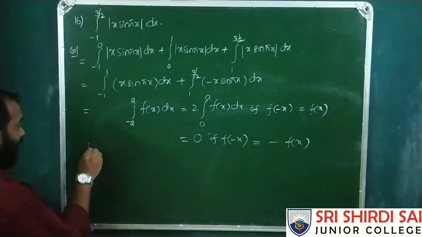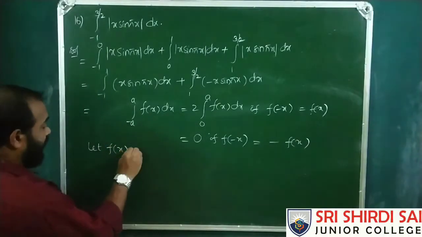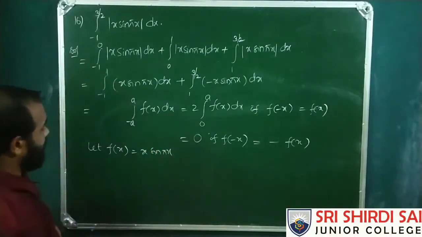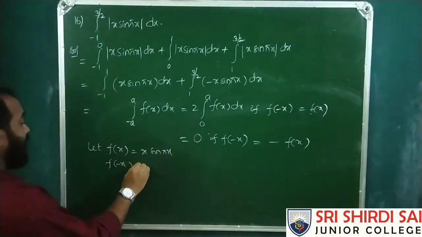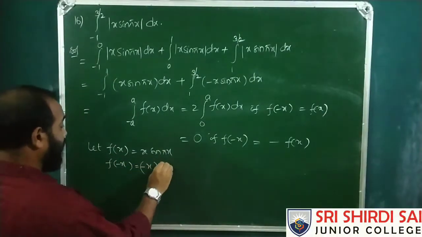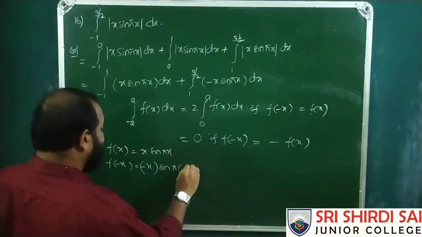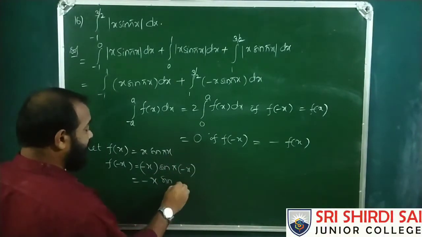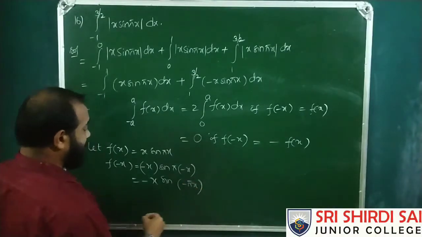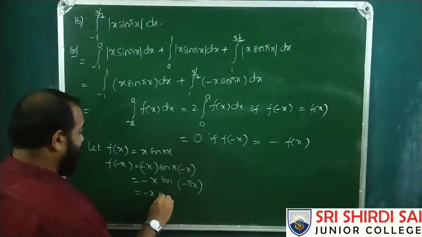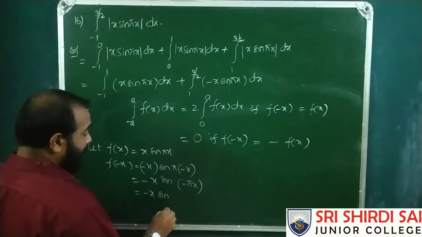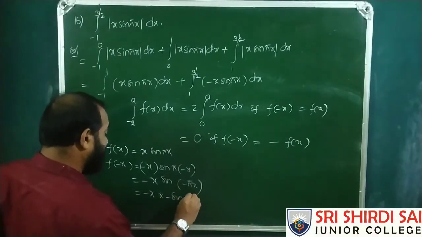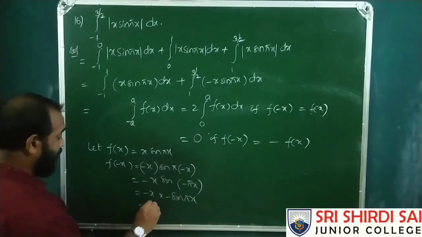So let f of x equal x sine pi x. So f of minus x is minus x into sine pi into minus x. So minus x sine of minus pi x is minus sine pi x. So minus into minus gives plus x sine pi x.